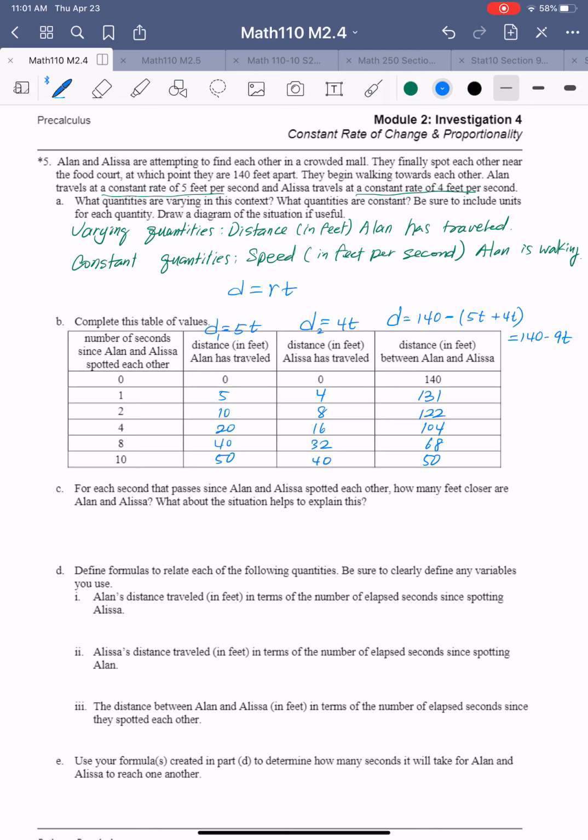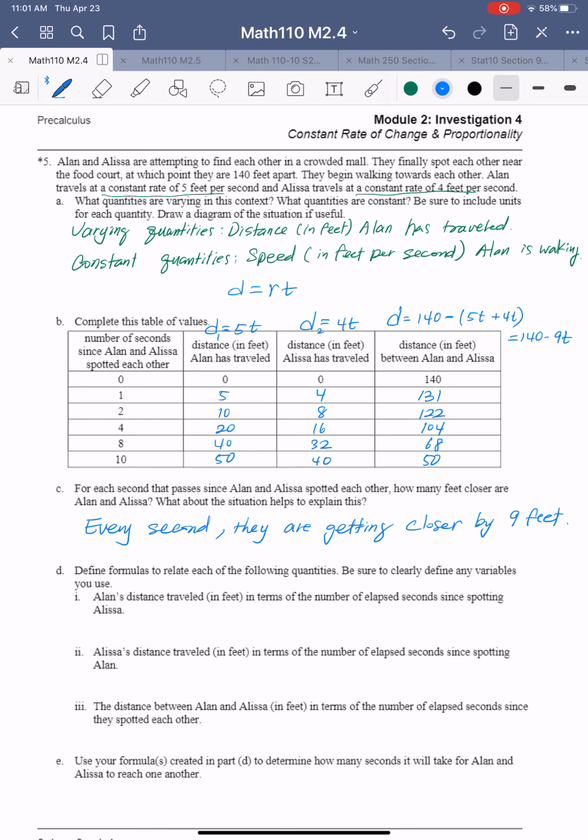And then for C, for each second that passes since Ellen and Lisa spot each other, how many feet closer are Ellen and Lisa? So actually, every second, they are getting closer by 9 feet, right?